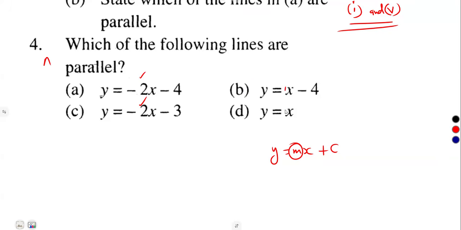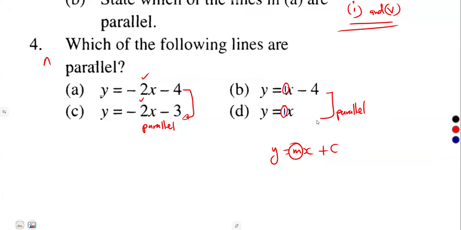For A and C, here it is 1, this is 1. So here it is minus 2 and minus 2. So these two lines are parallel. Same gradient, minus 2, minus 2. Here the gradient is 1, here the gradient is 1. These two are also parallel. They have the same gradient.